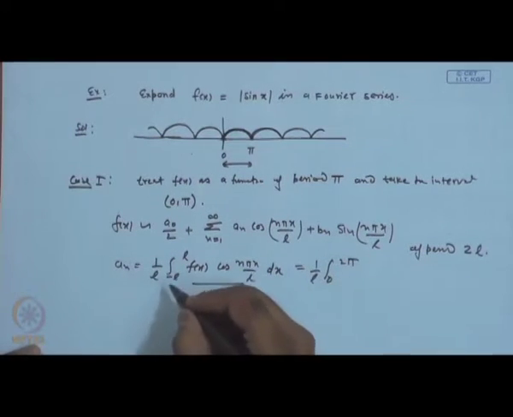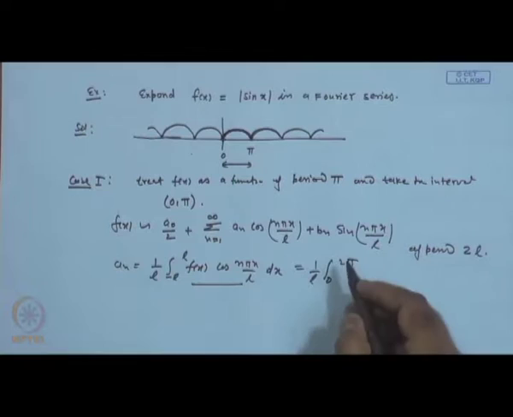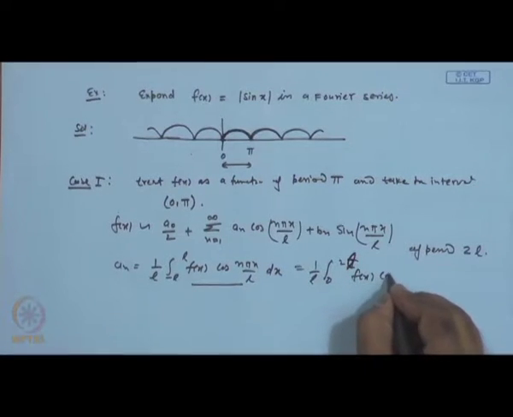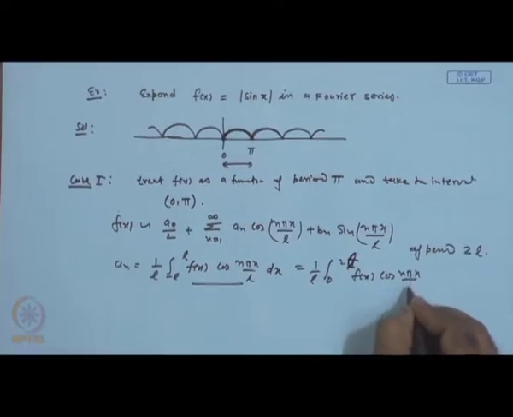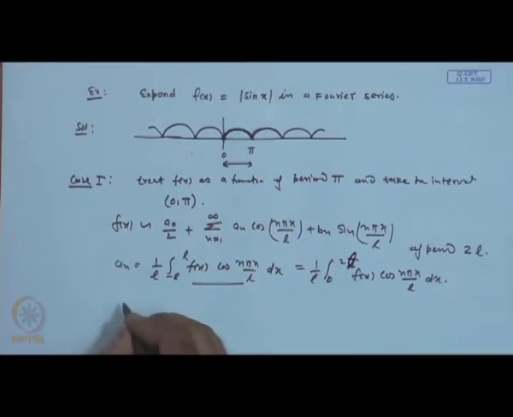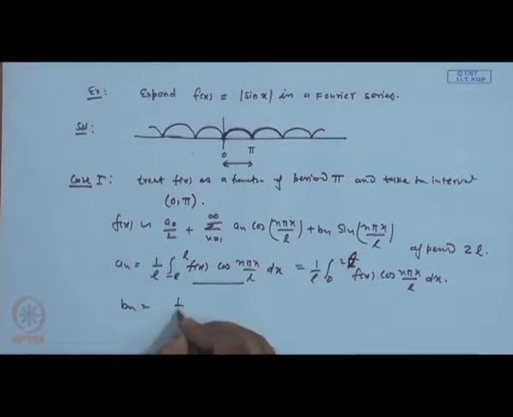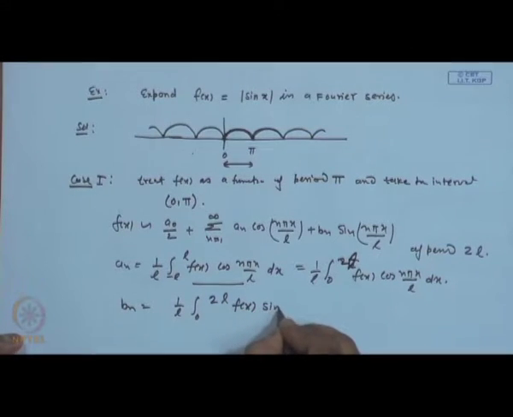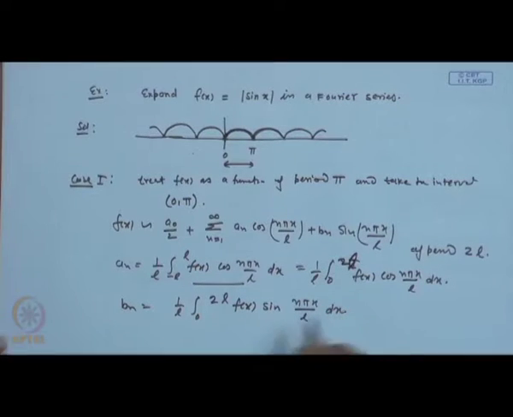So we integrate in any range with length 2L, it will be the same. Similarly b_n is 1 over L, integral from 0 to 2L, of f(x) sin(n pi x over L) dx.